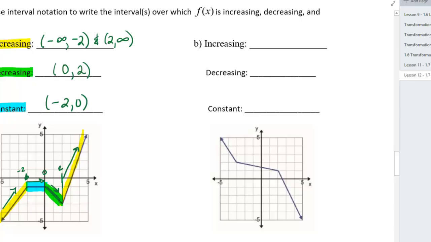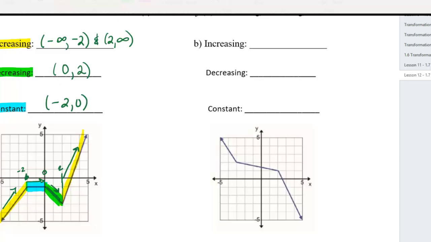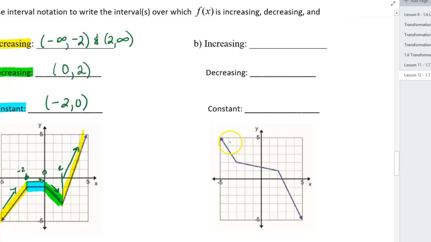For b, we have the graph here. It looks like if we're moving from left to right, it's going down here. And that can be confusing because the arrow's going up, but as you move from left to right, it is going down. So think of that little guy who's walking along the line. He's also going down here, isn't he?